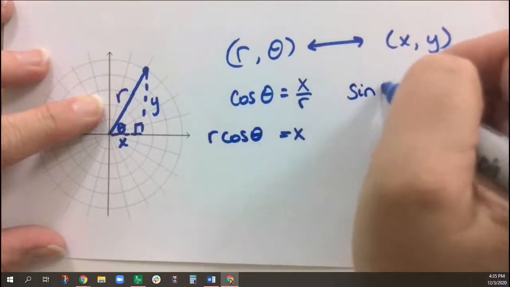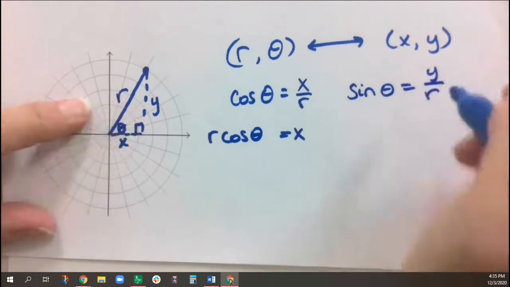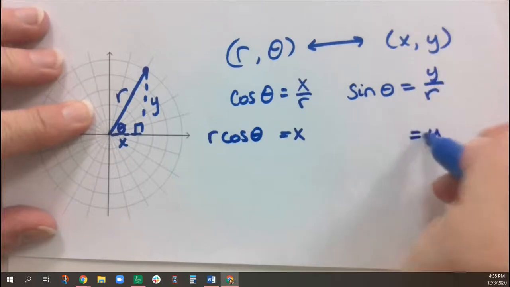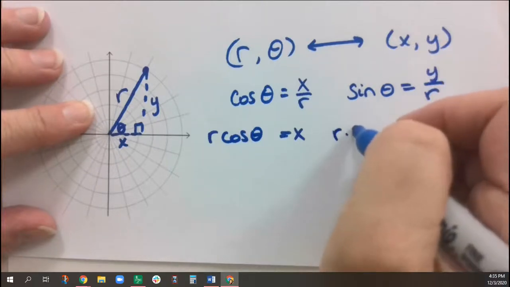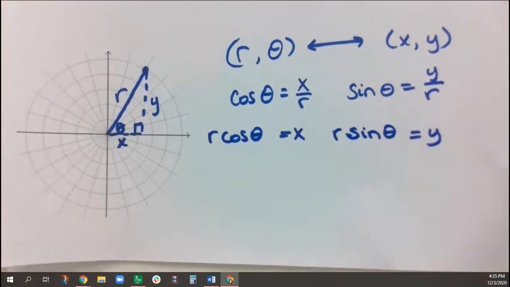And similarly, sine theta is going to be the opposite side, y, over the hypotenuse r. And if I solve that for y, y is equal to r sine theta.